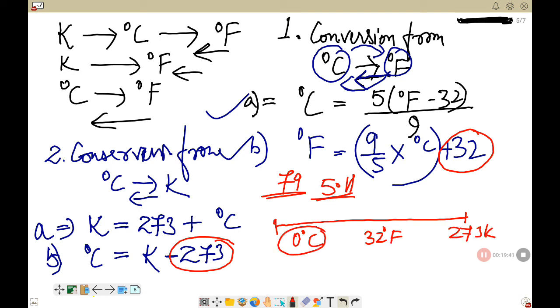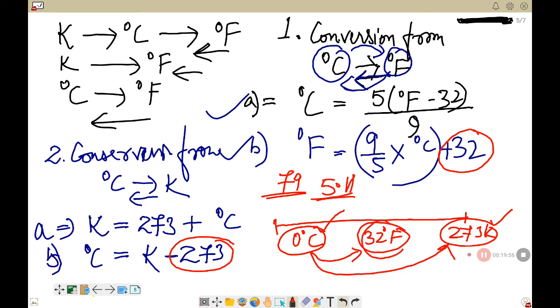Means 0 degree Celsius is 32 degree Fahrenheit, 0 degree Celsius is 273 in the Kelvin scale. So 0 degree Celsius in the Celsius scale is equal to 32 degree Fahrenheit in the Fahrenheit scale. So in each scale the values of the same temperature are different. So that's why we are using 32 here and 273 here.